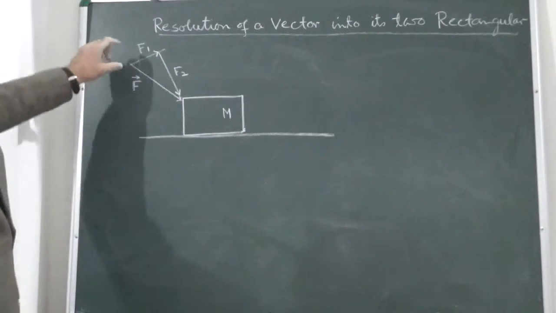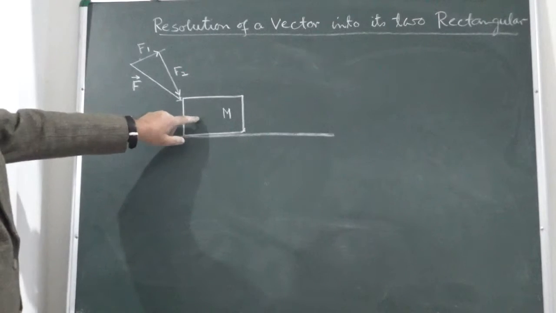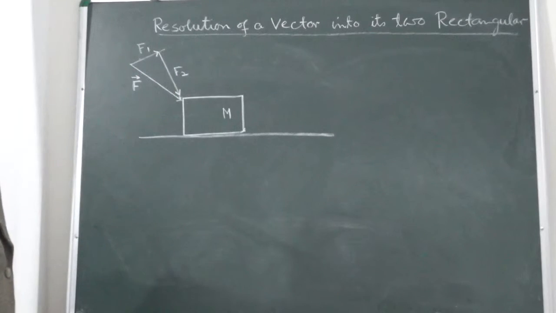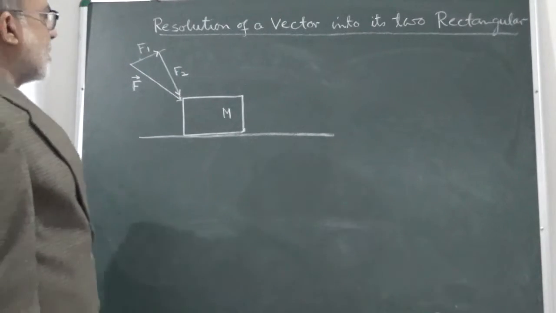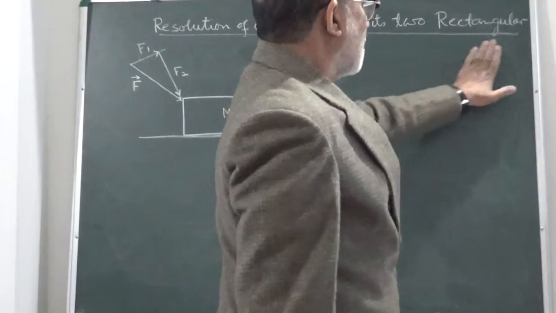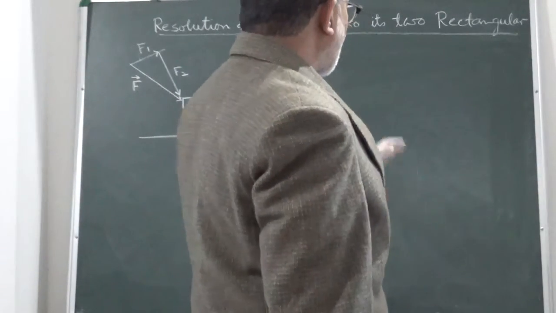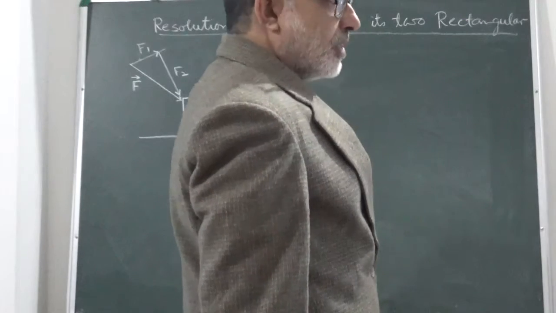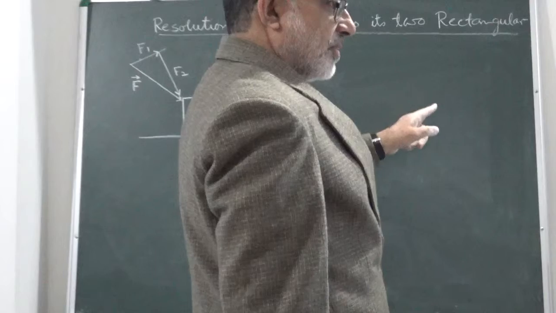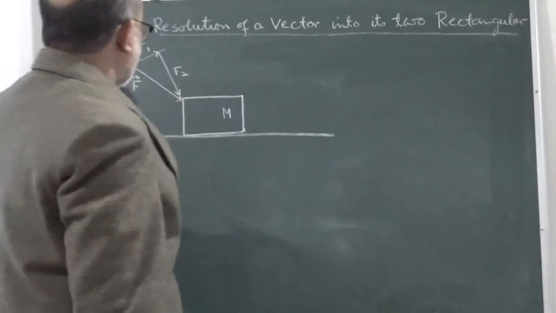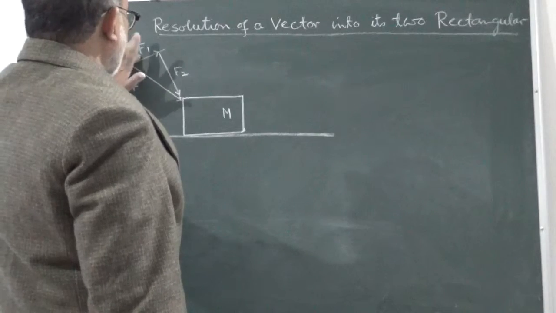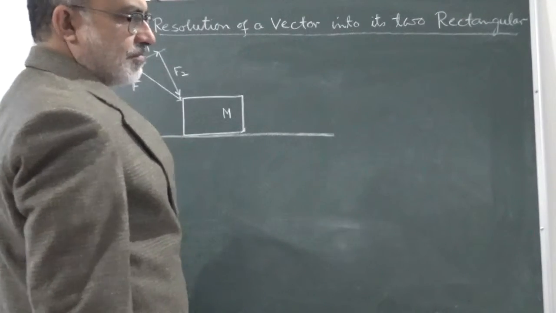It means this block is acted upon by two forces, F1 and F2. These two rectangular components are independent of each other and act independently. But this does not explain the motion of the block.